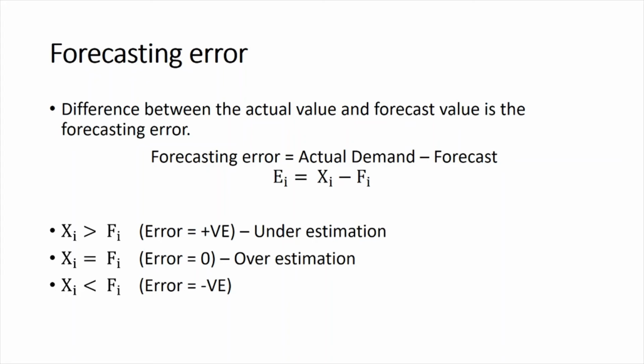It means actual demand minus forecast demand. If forecast demand is greater than the actual demand, then the forecasting error will be negative, and if actual demand is greater than the forecast demand, then error will be positive, and if both are the same, then error will be 0.